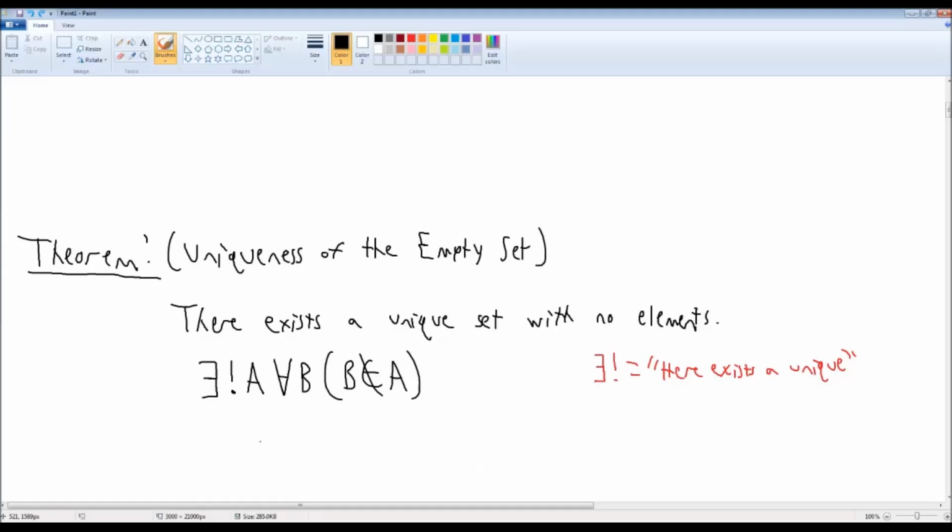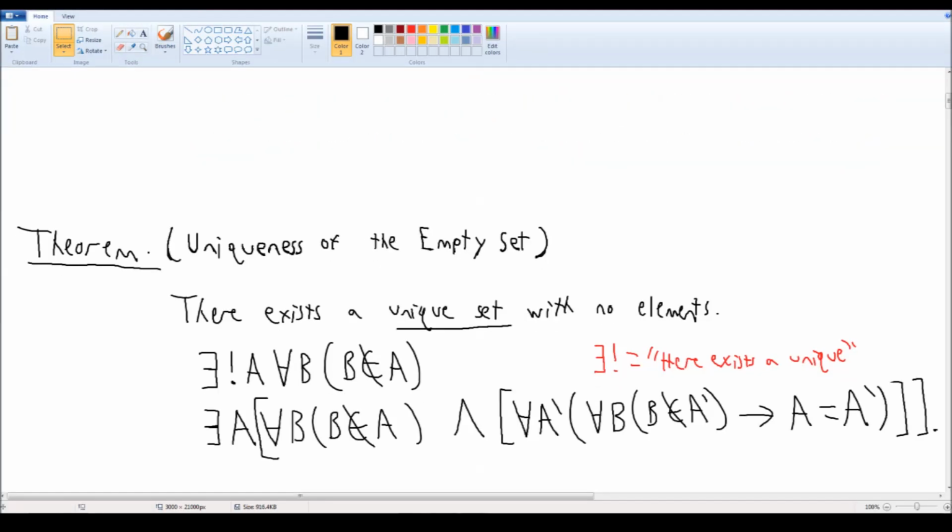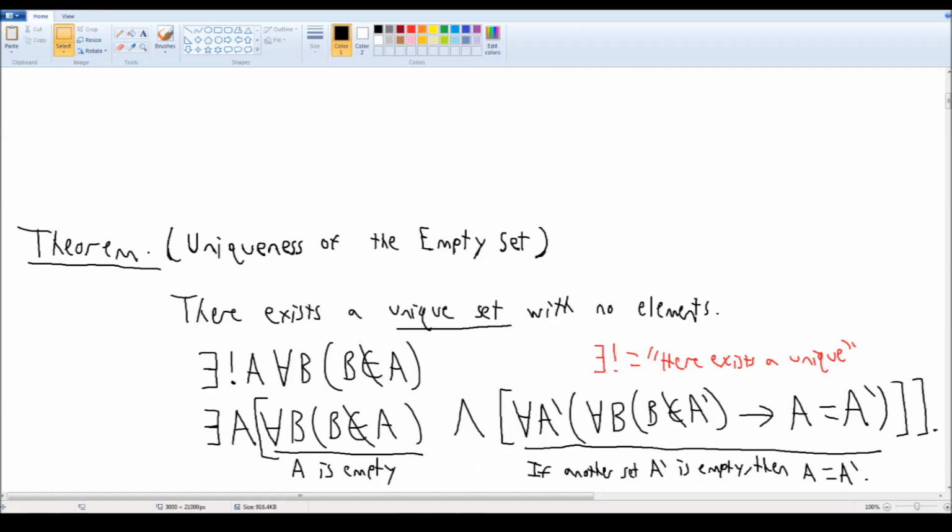It essentially means that any other set having this property must be equal to A. We can rewrite that with normal quantifiers. This part says A is empty. This part says that if another set A prime is empty, then A prime has to equal A. This part means and. As you can see, having to write everything in quantifiers can get overwhelming pretty fast.